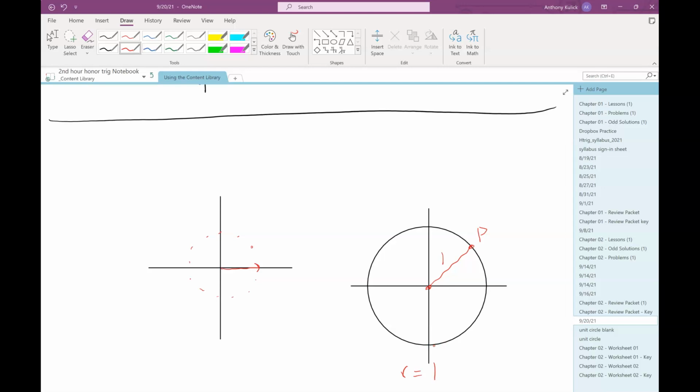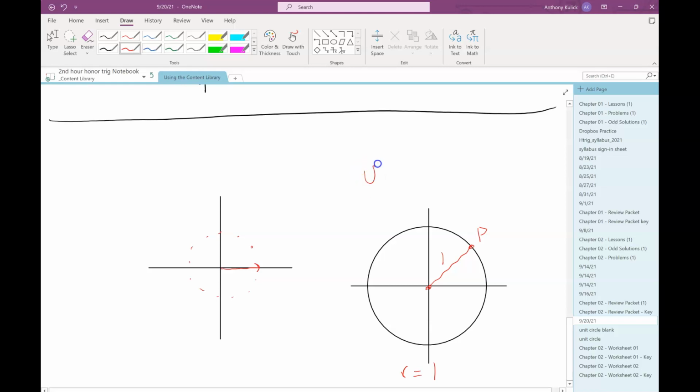Since P can be any point on that terminal side, we're going to standardize this process and say, anytime we pick a point P, instead of picking an arbitrary point, we're always going to pick P so that it's 1 unit from the origin.